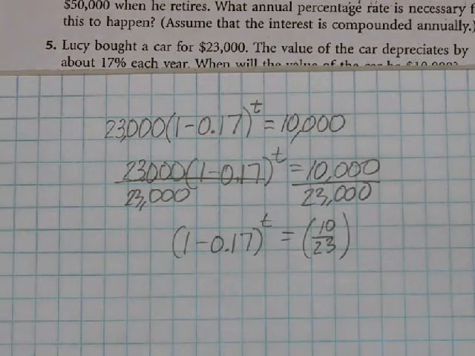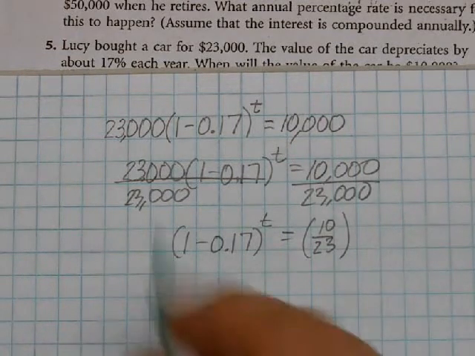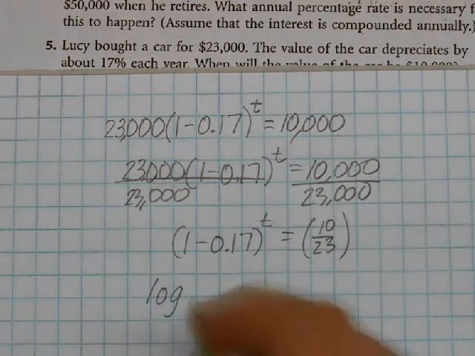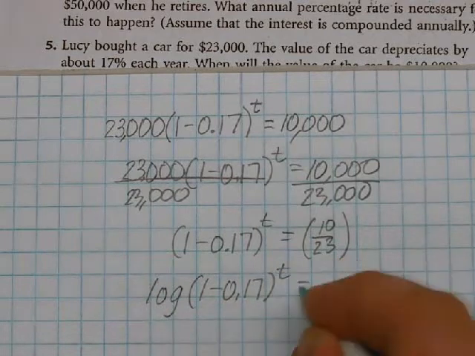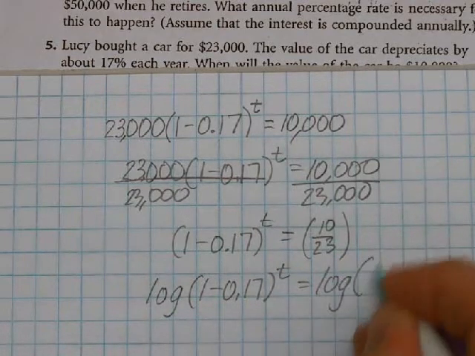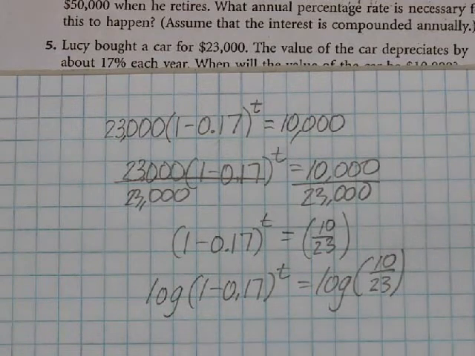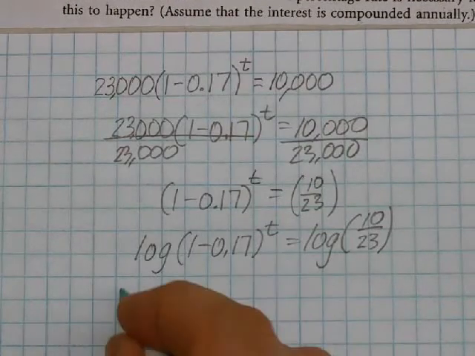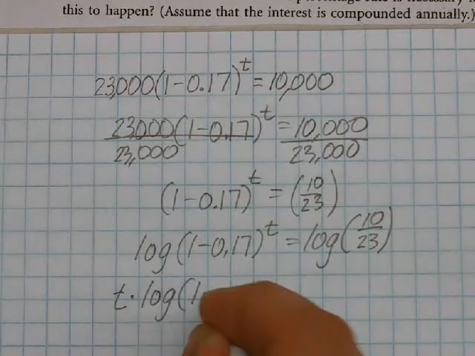Oh, so the variable we're looking for is in the exponent. Well, from part 1, you know that when we want to solve for a variable that's in the exponent, we'll simply take the log of both sides. So what that allows us to do is move the exponent to the main line of the equation.